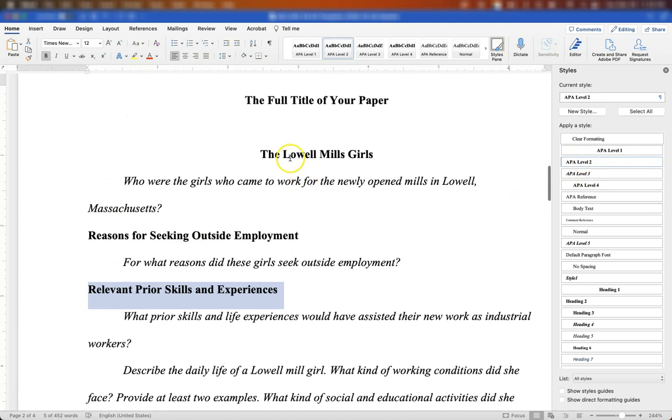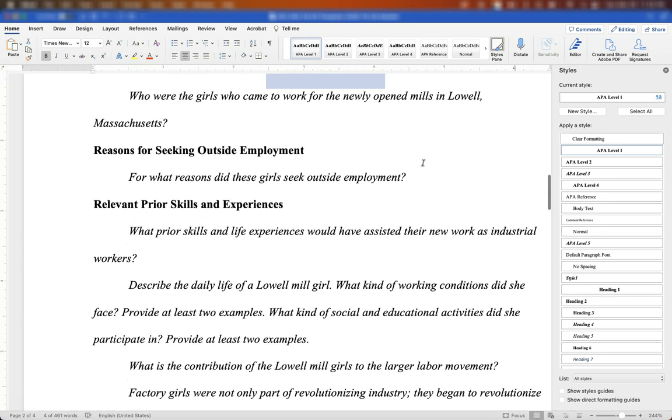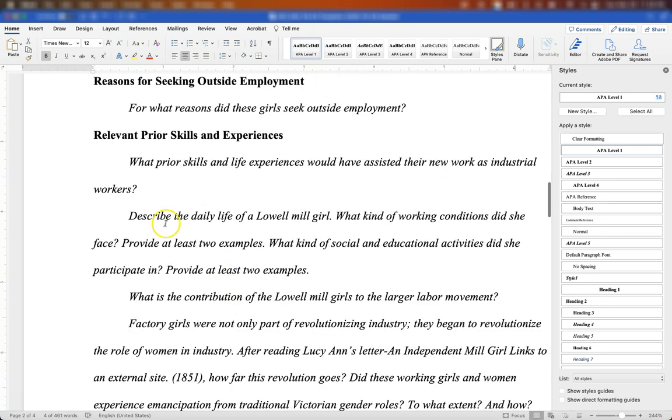Great, so I have probably an intro paragraph that includes an outline. And you'll know what to put in the outline when you see what all your level 1 headings are afterwards. See, okay, daily life, including working conditions, with examples, activities with examples.